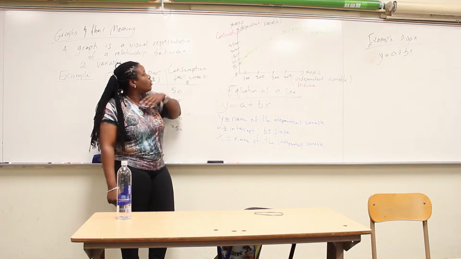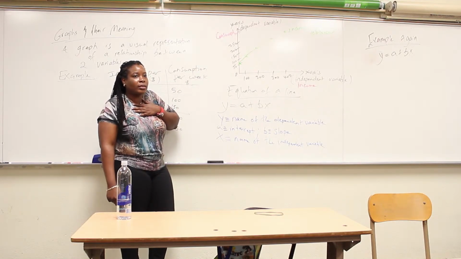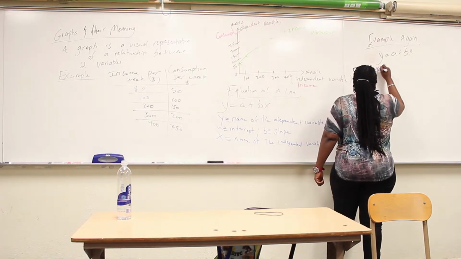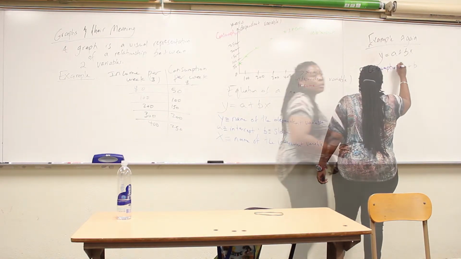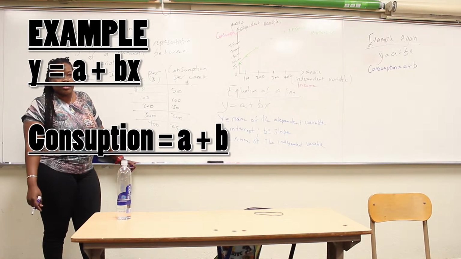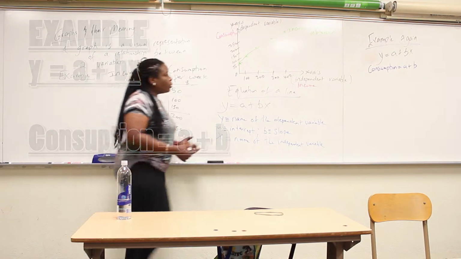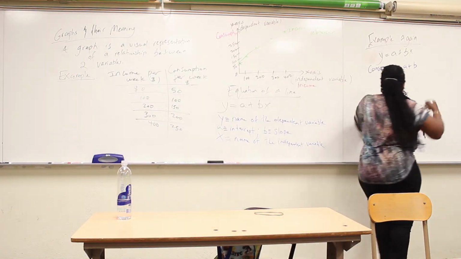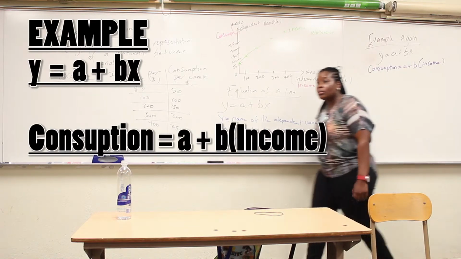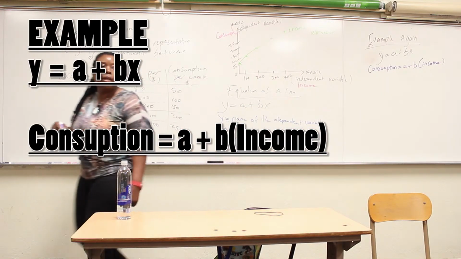From our example, what's the name of the variable on the Y-axis? Consumption. Put it in. This is why I say draw the graph first. What about the X? What's the name of the variable on the X-axis? Consumption is equal to, let's leave these for now, A plus B times income. There we go. You have half of the problem done.